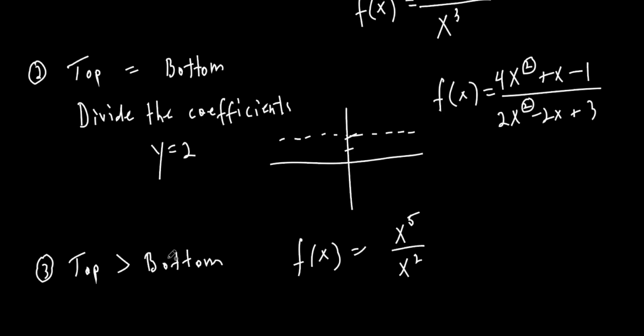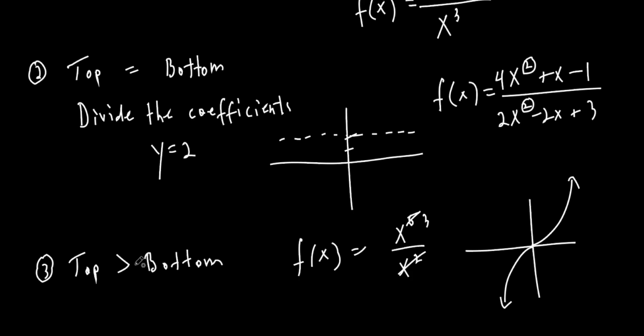Then what is the horizontal asymptote? Well, watch. X squared divides into that 3 times, so that's y equals x cubed. What does y equals x cubed look like? It looks like this, and it looks like that. What's the horizontal asymptote for this? There is none, right. So y equals x cubed, there's no horizontal asymptote.